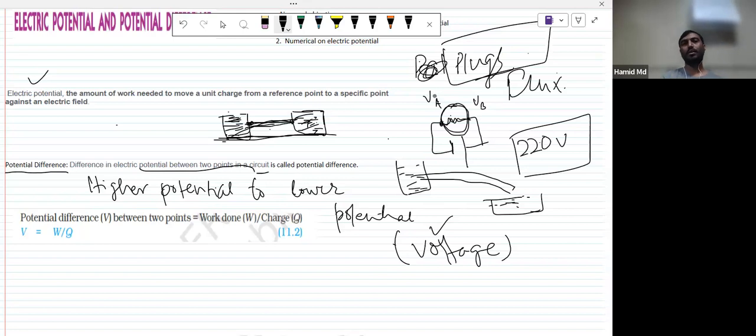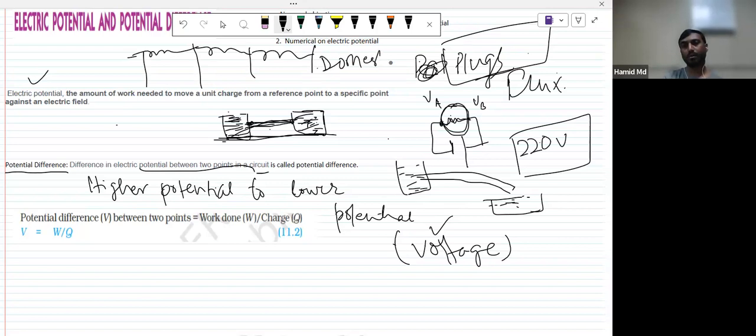Have you seen that electric wire roaming around the villages or cities? For domestic distribution, you will see that they are rated 220 volt.